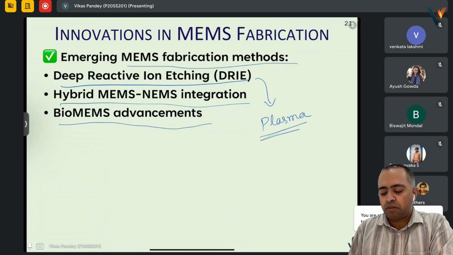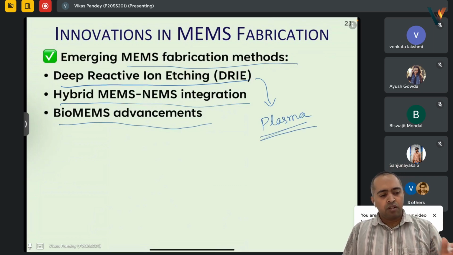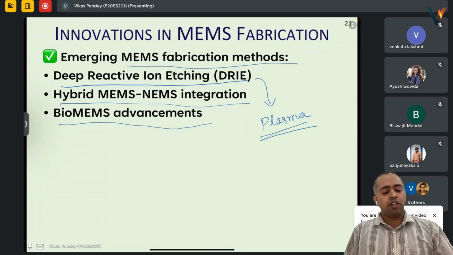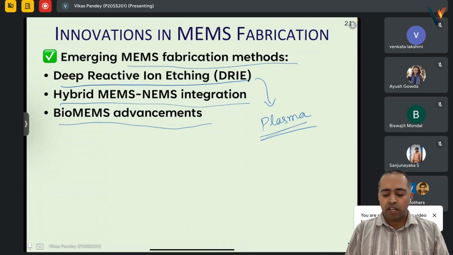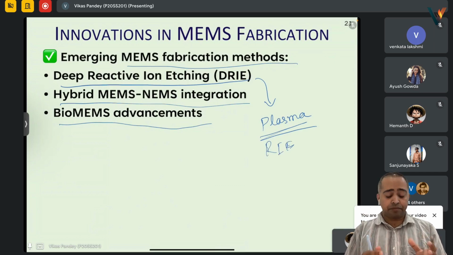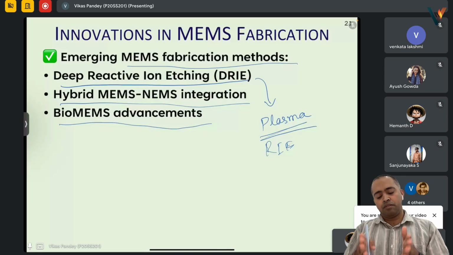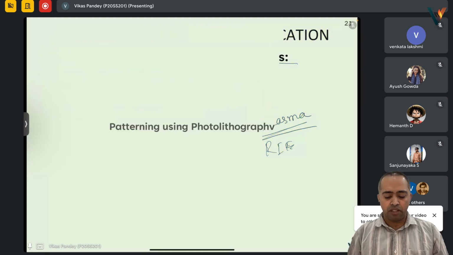We are creating plasma of specific gases, generally fluorine based gases, which is used to do the etching process multiple times. When we are talking about RIE, it is plasma based, and deep reactive ion means once it is done, then again it is masked, covered with some layer, then again reactive ion etching. So multiple rounds of reactive ion etching are done. That is deep reactive ion etching.